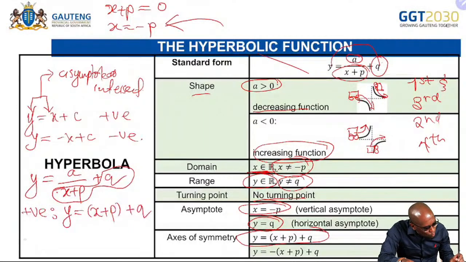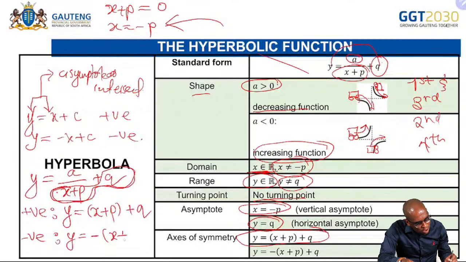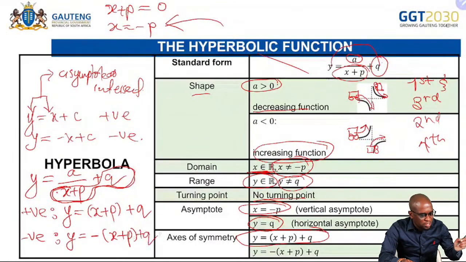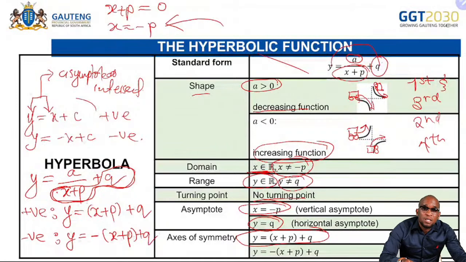If you want the one with a negative gradient, you go to your equation, you take all this again, but now you need to put a negative sign there so that your gradient becomes negative. So these two give you the same answer as you'd get using the other method. So that's how you get your axis of symmetry.